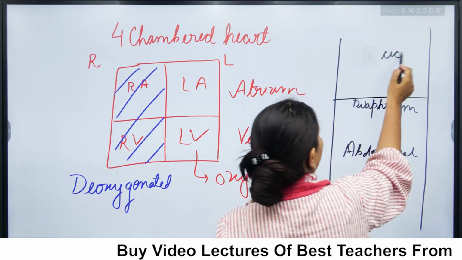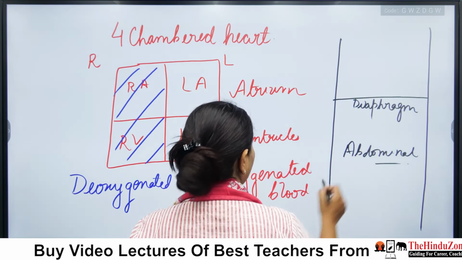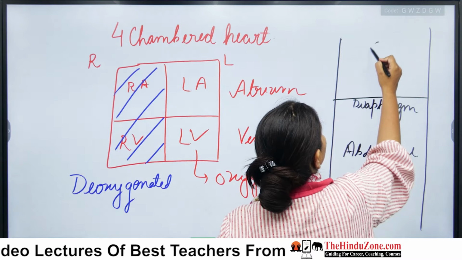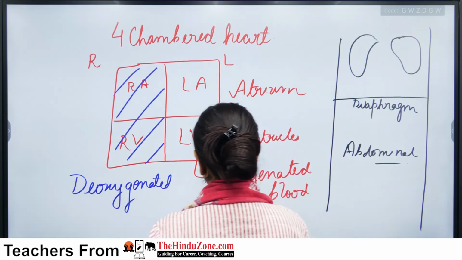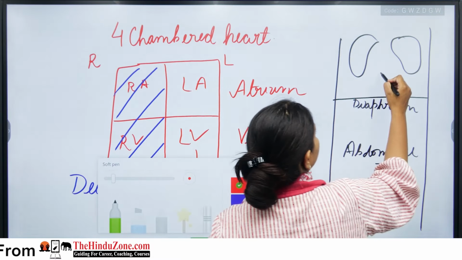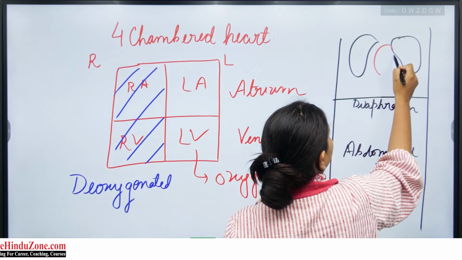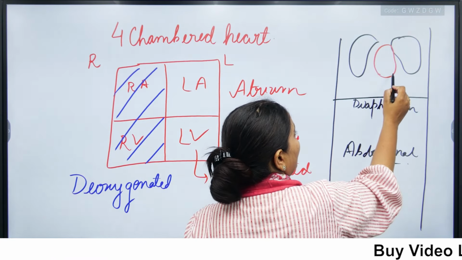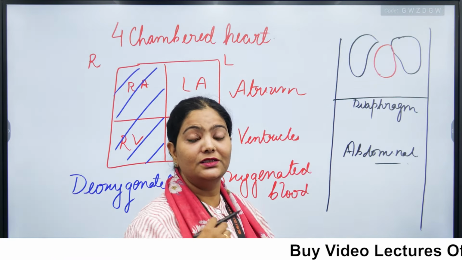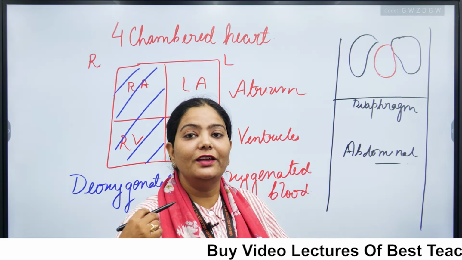So it is your thoracic cavity where your lungs are present, and in between the lungs your heart is present, right? And you know why you receive this heartbeat on the left side?